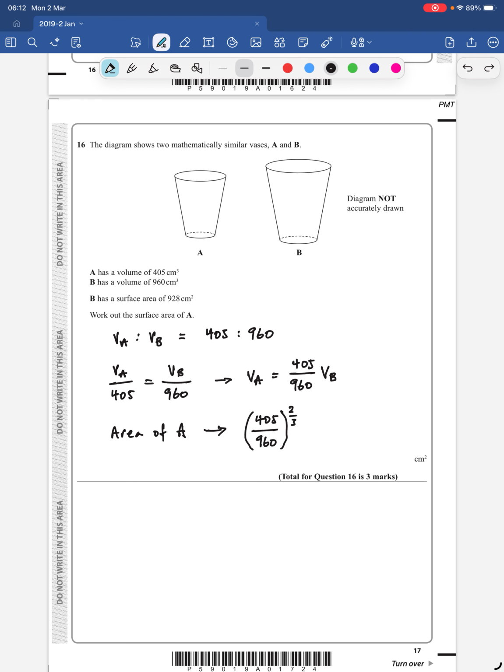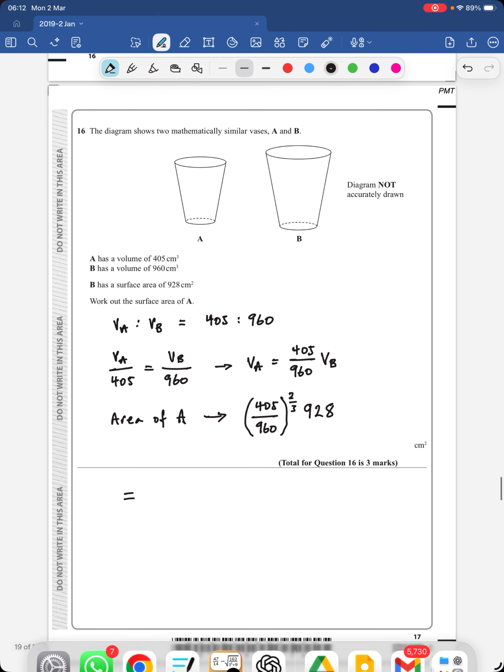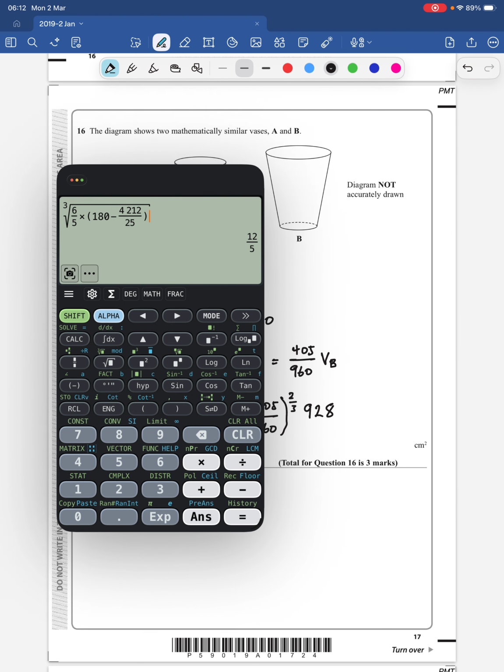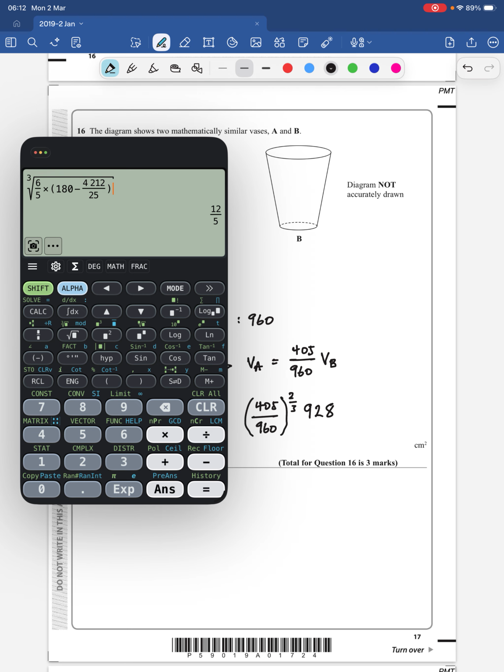Then what we want here is the area of B, and we know already that that's 928, and that's going to give you an answer. Let's put it into our calculator. Clear.